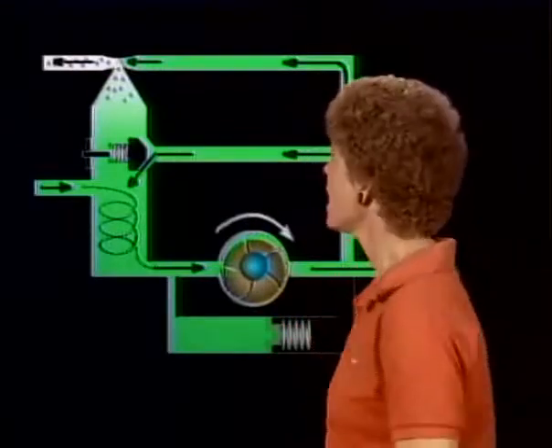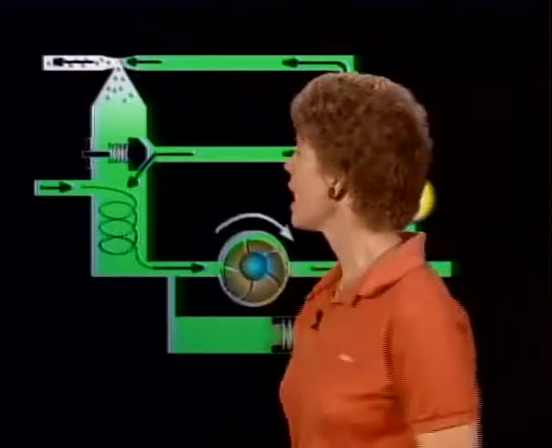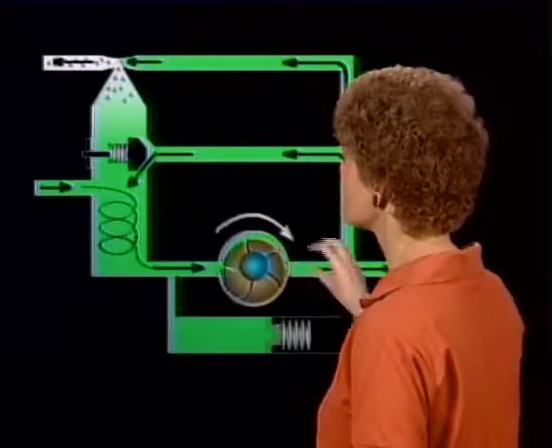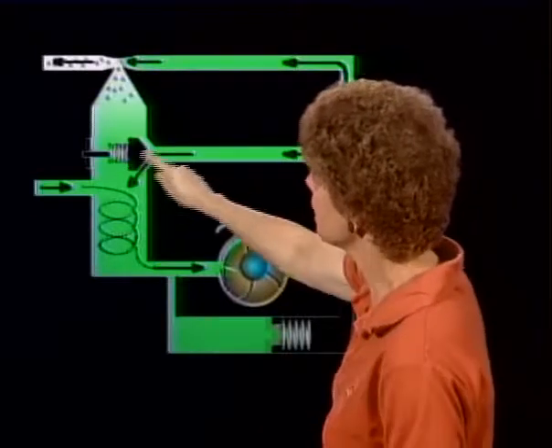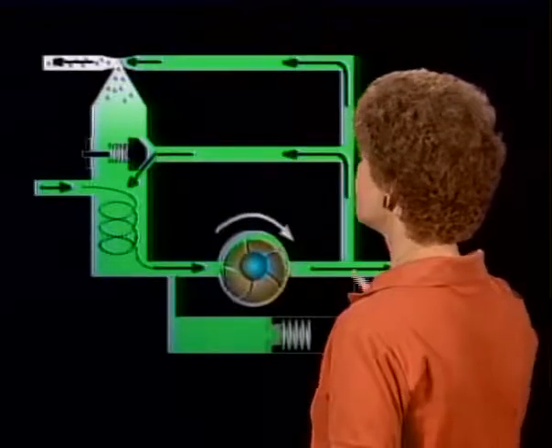Now, let's see what happens if this pressure relief valve is sticky. If that valve is sticky and it does not open when it should, what will happen is that the pump is putting out the fuel, the pressure builds up, and then because the valve doesn't open, the pressure continues to build up on the engine side of that pump.